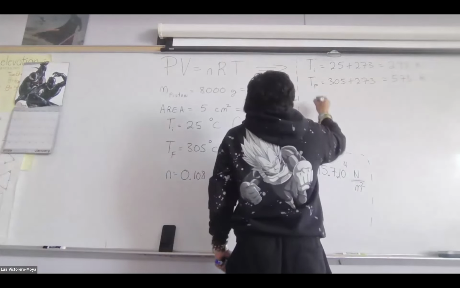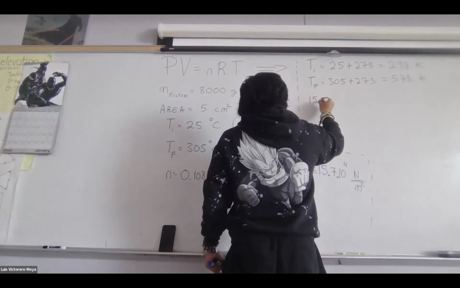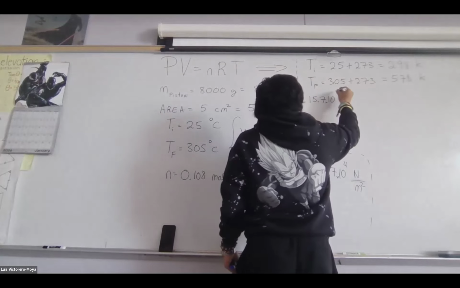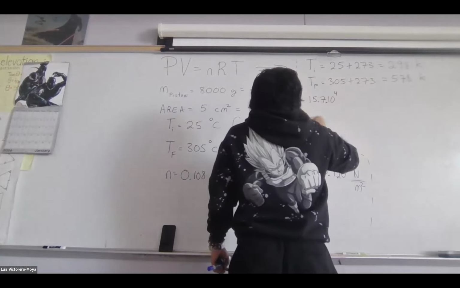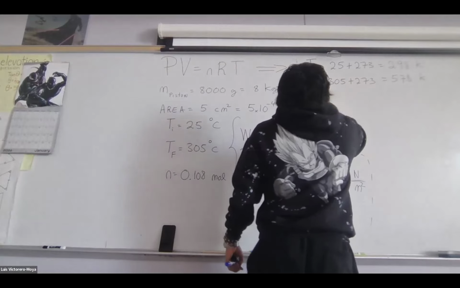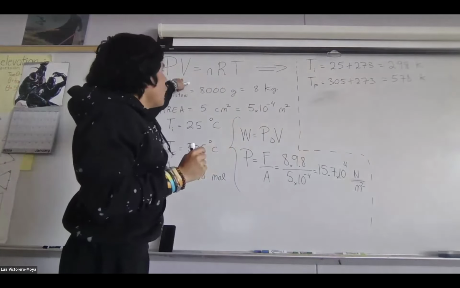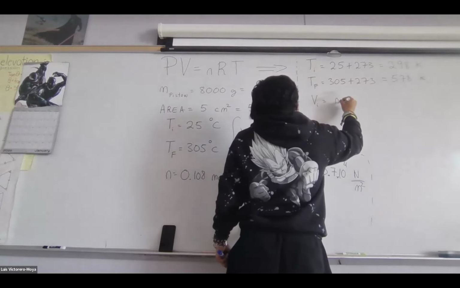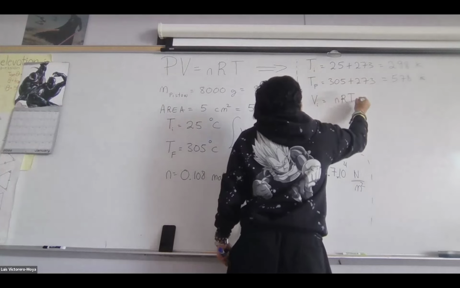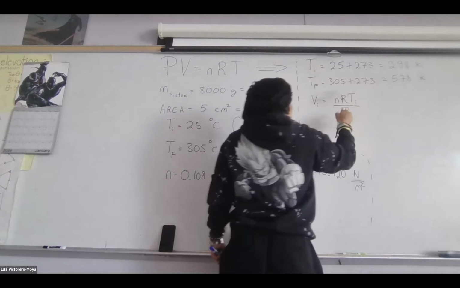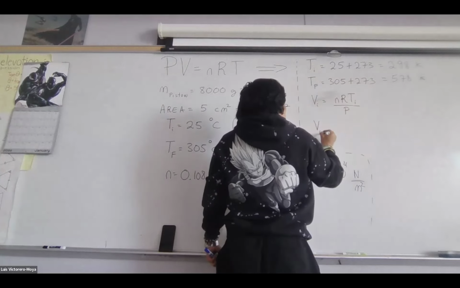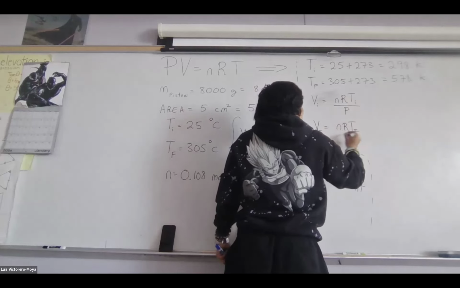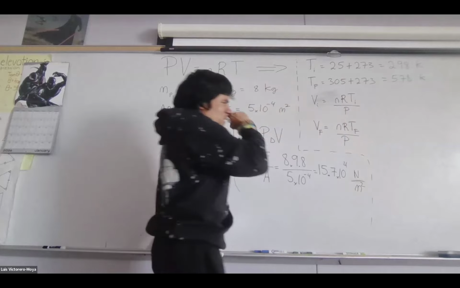So then pressure, right? Or actually, guys, if you think about it, initial volume is nR, initial temperature over pressure. But pressure is constant. Final volume is nR T final over the same pressure.